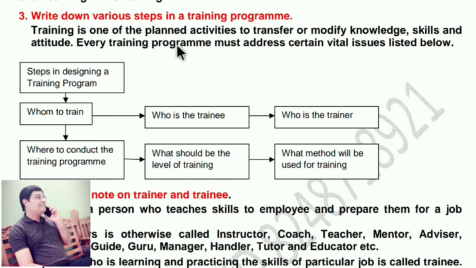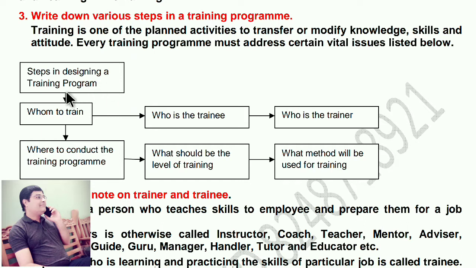Write down various steps in a training program. Training is one of the planned activities to transfer or modify knowledge, skills, and attitude. Every training program must address certain vital issues listed below.